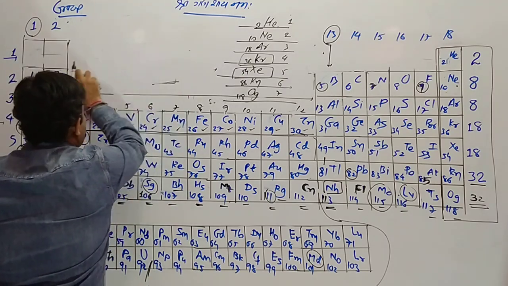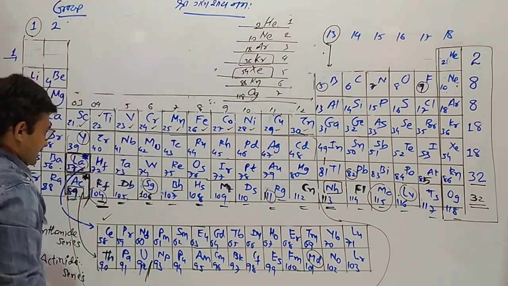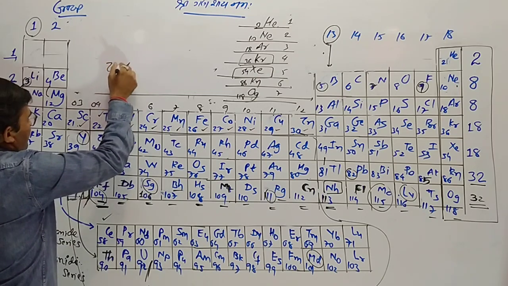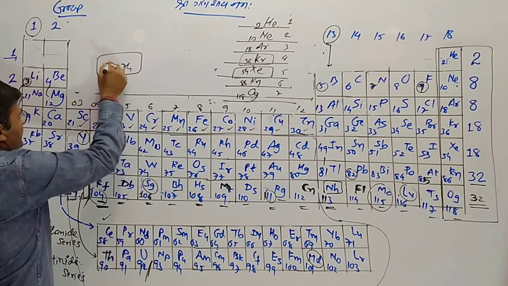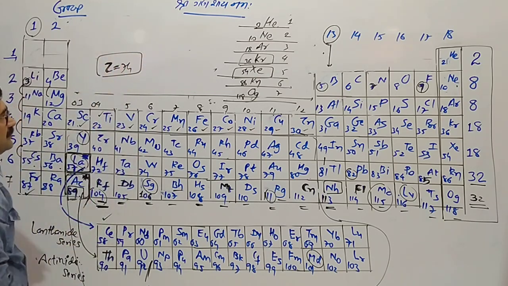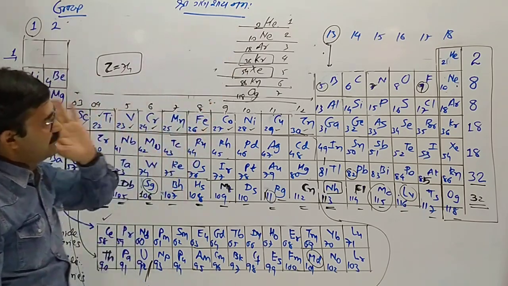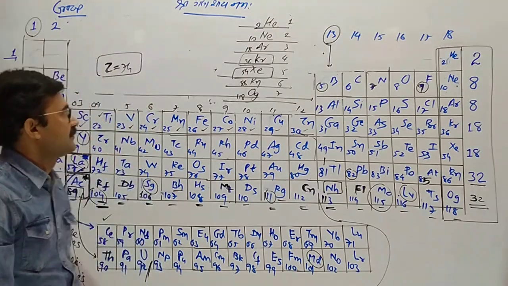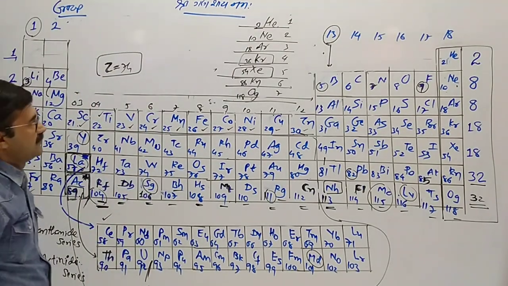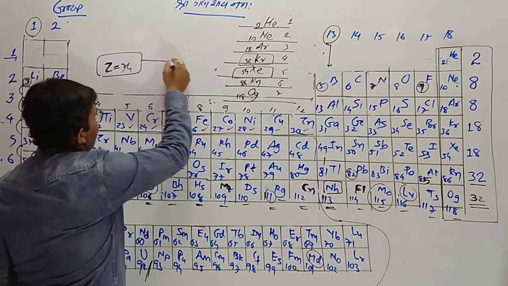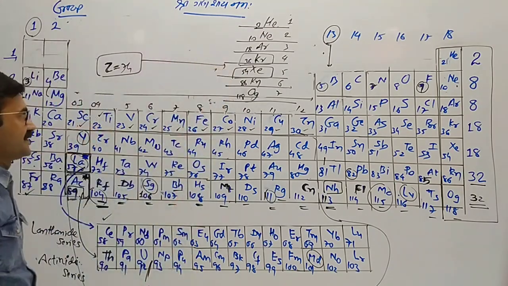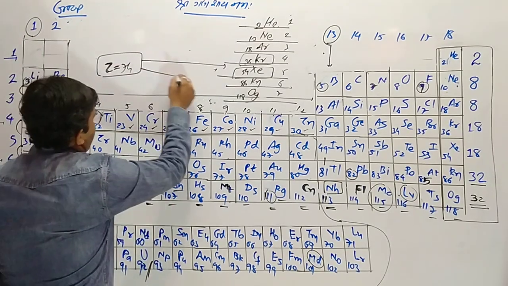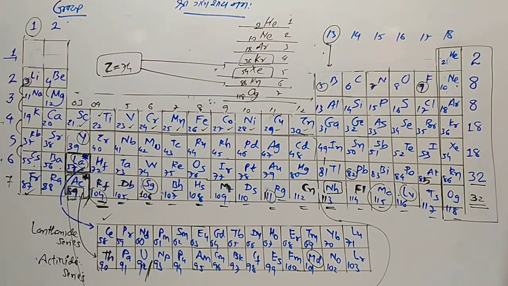Like this, suppose atomic number 74 is given. How can we define the period number? This row you must remember: helium, neon, argon, krypton, xenon, radon, oganesson. 74: before 74, the inert element is xenon, and after 74 is radon.